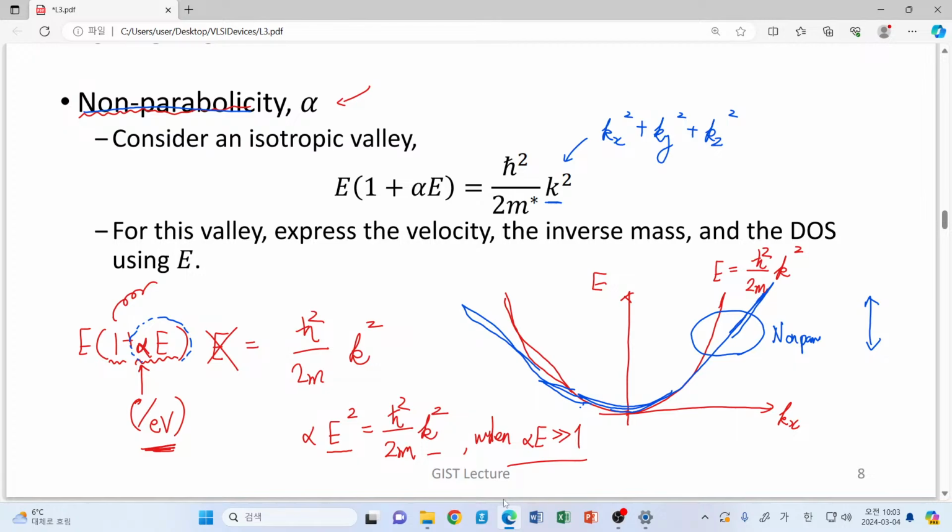However, using this non-parabolicity, please try to calculate the group velocity and inverse mass. Of course, it doesn't have any off-diagonal component, only a diagonal component, but please try to calculate it, and also the density of states. You will find that by introducing a small alpha, your expression will be modified significantly. That will be quite interesting.